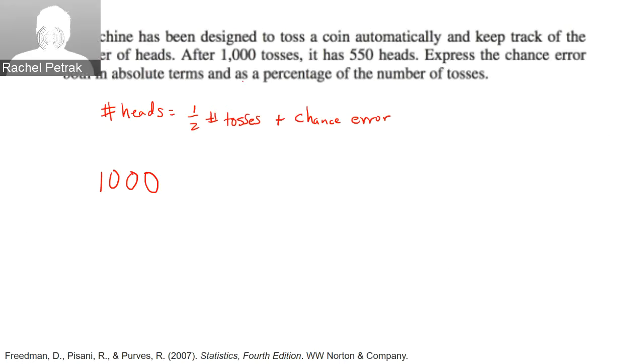So if we have 1,000 tosses and 550 heads, one half of the number of tosses is 500. So 550 heads is 500 plus chance error.